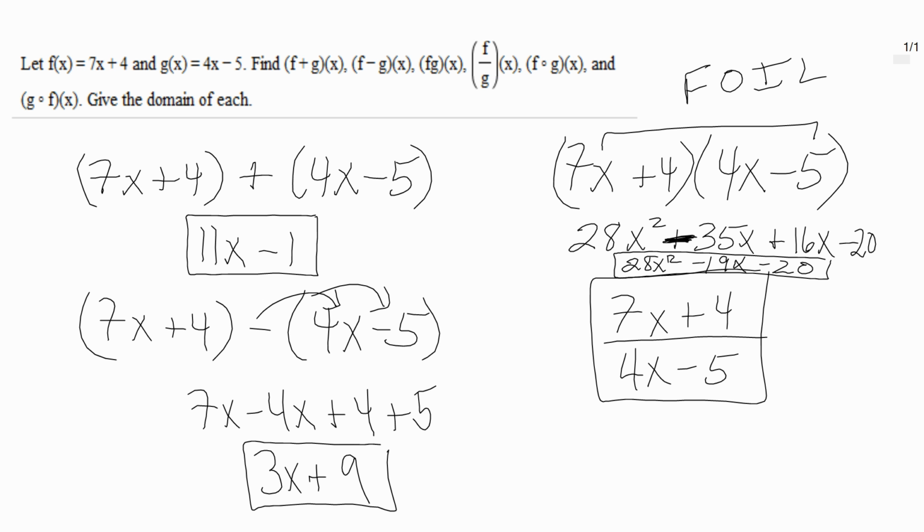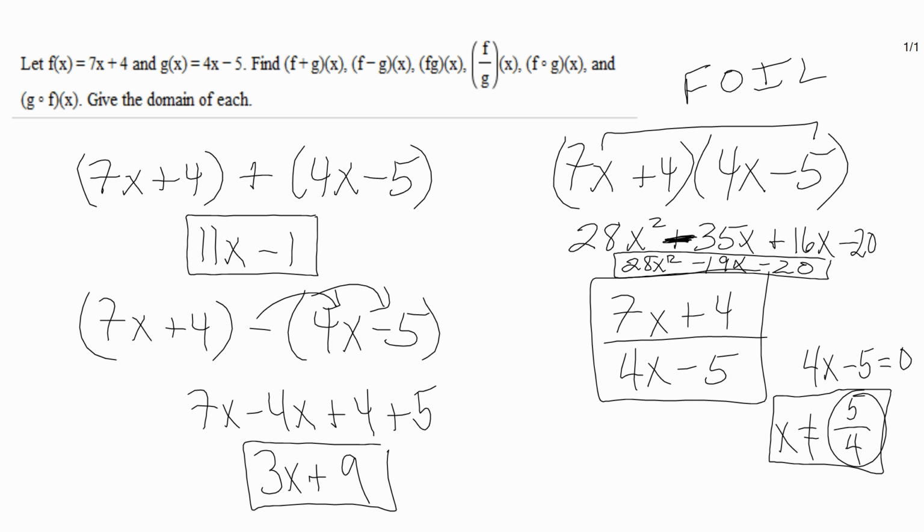All real numbers. Most of the time, unless it's a radical or a rational, now this one we have to set the denominator equal to what? 0 here, because we can't have 0 in the denominator, so we've got to find out what gives us 0. And that's going to be 5/4. So x can be any number, but x cannot equal what? 5/4.